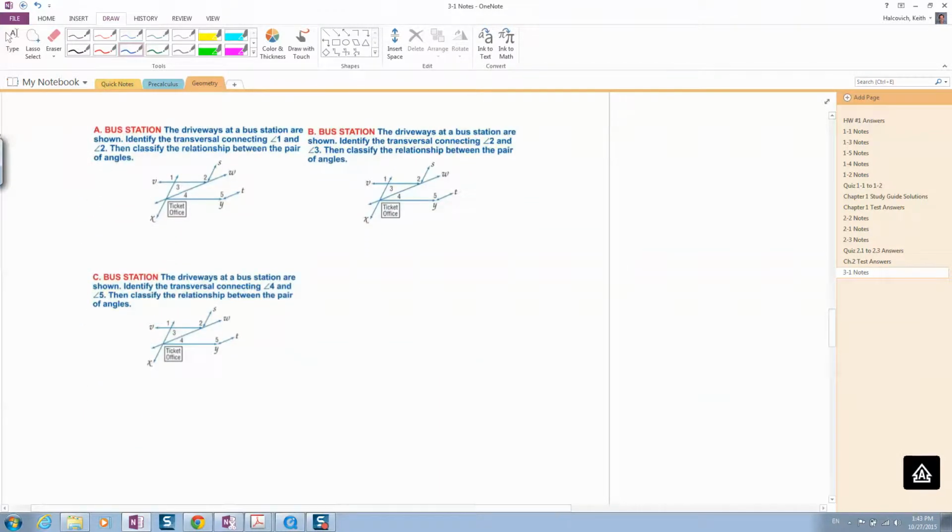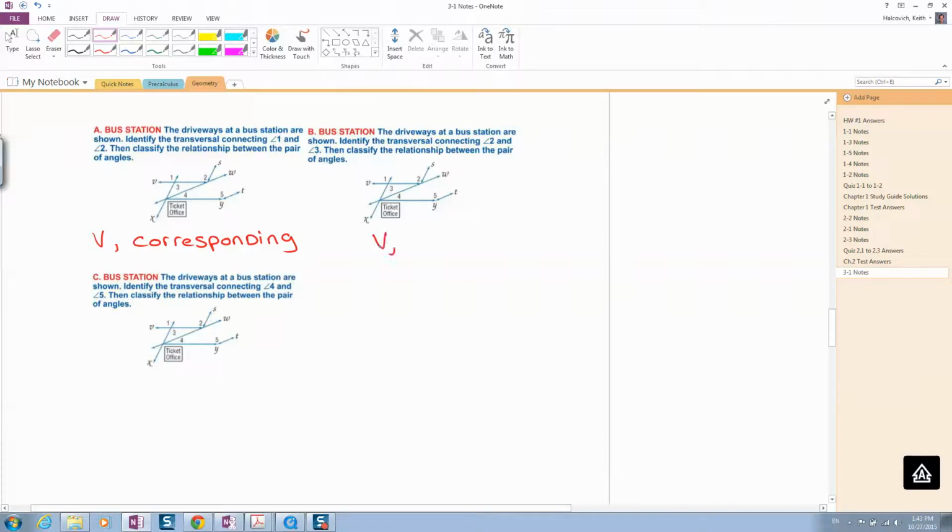Now for part A here, identifying the transversal, well, the transversal connecting 1 and 2 would be V, because this is the line here, and 1 and 2 are corresponding because they're in the same spot, just on different lines. The next one, 2 and 3 are right here.